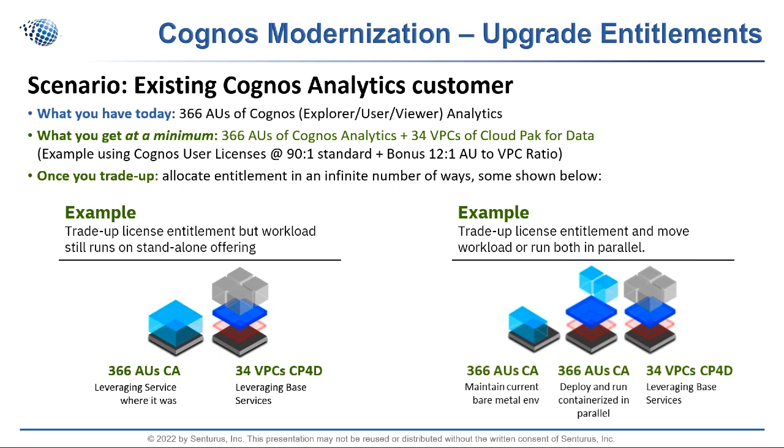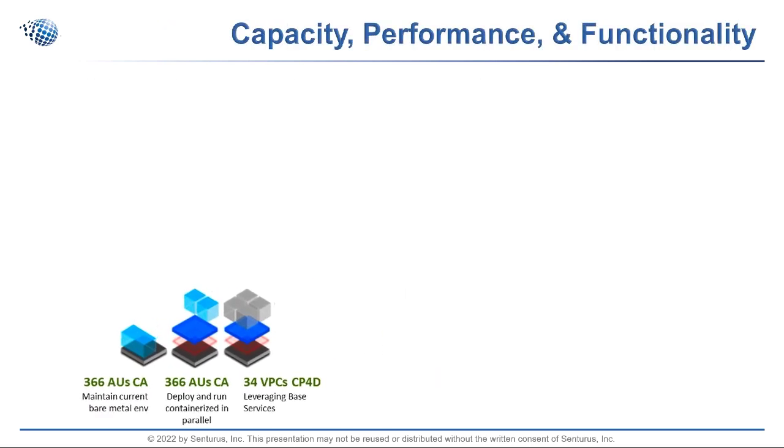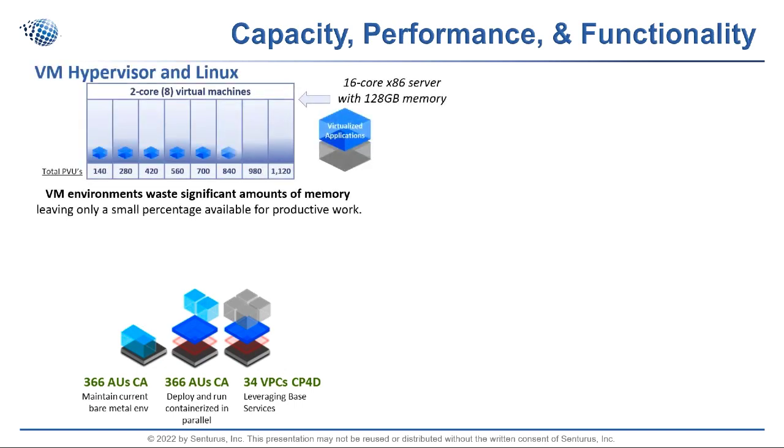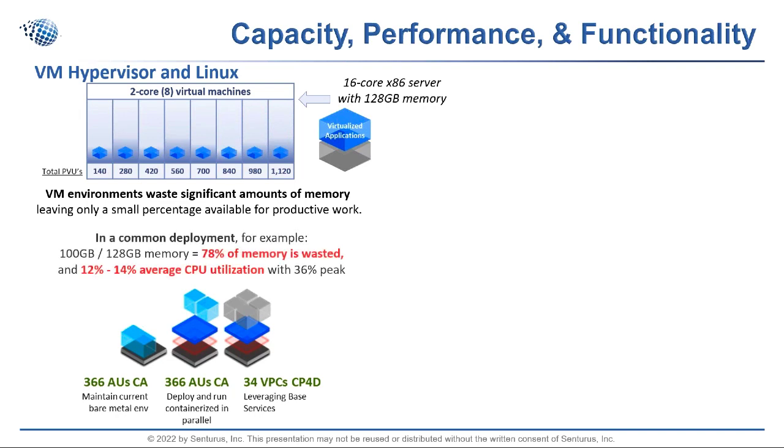So IBM duplicates all of those licenses. This is just one example of what you can do, but IBM has gotten very, very flexible about how they allow you to work with the product and how you have the ability to move forward into a more modernized environment. So when we take a look at deployment, this is where money starts to take place, okay?